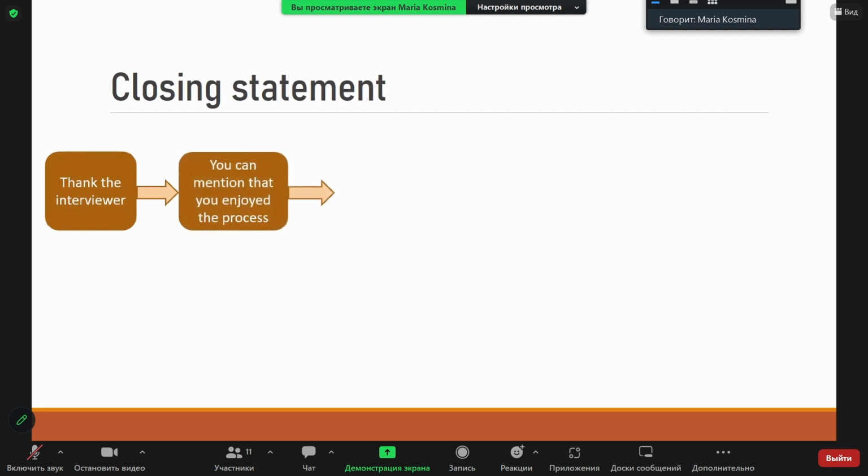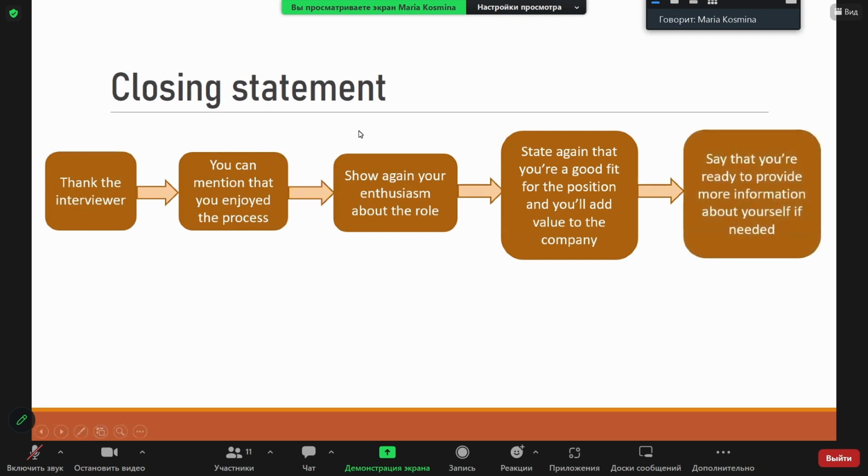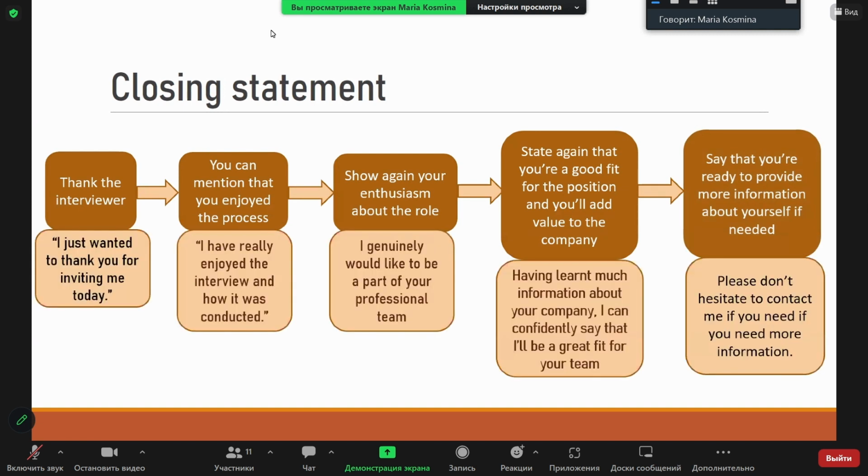If you can do it naturally, mention that you enjoyed the process. Again, show enthusiasm, state that you're a good fit for the position and you're willing to work for this company. And in the end, say that you are ready to provide more information about yourself if they need it.